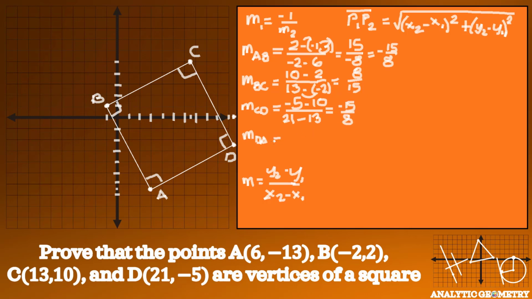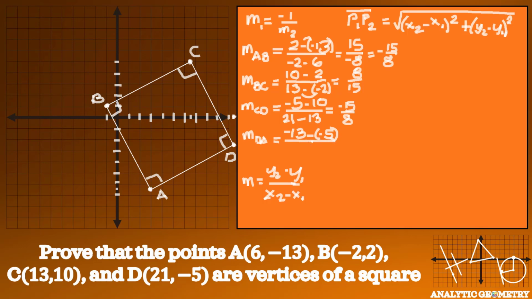And for our DA, let's have A as our second point. Now, if you're going to pick D as your second point, you will still have the same result. So let's have y sub 2, our A is negative 13, minus our D, which is negative 5. Okay, don't forget the parentheses.